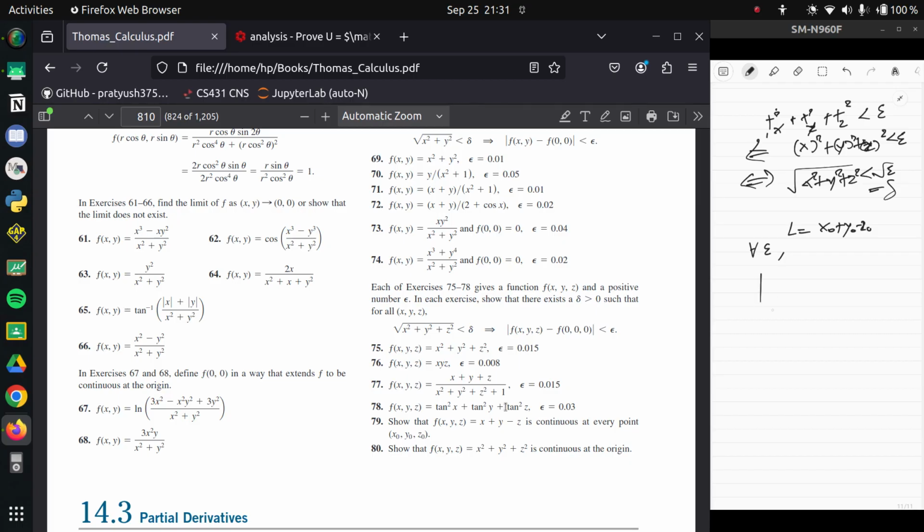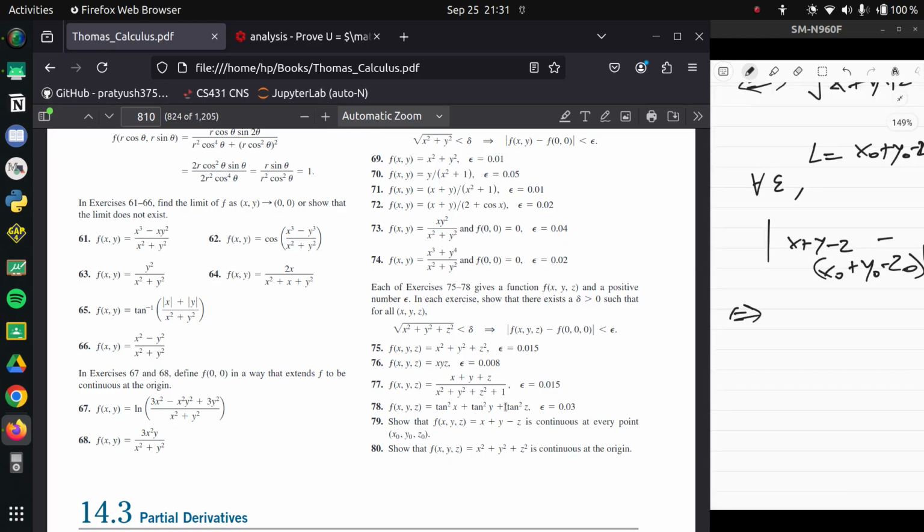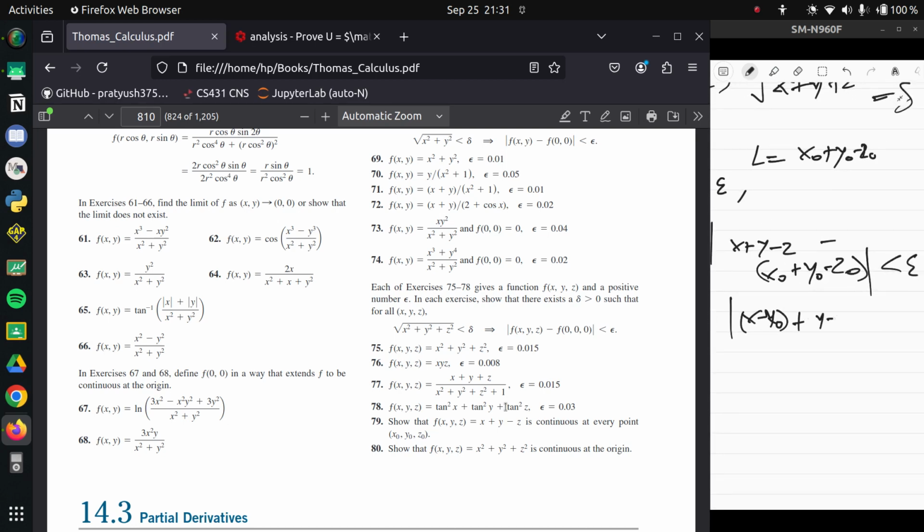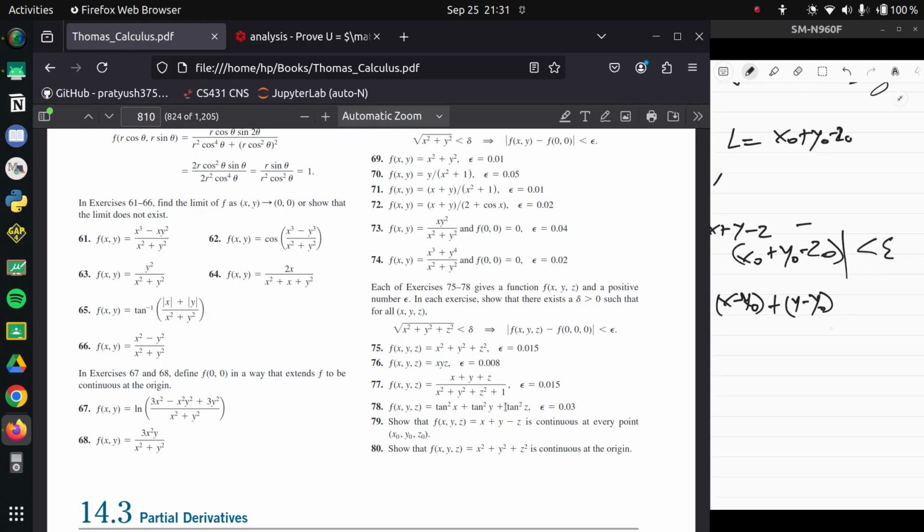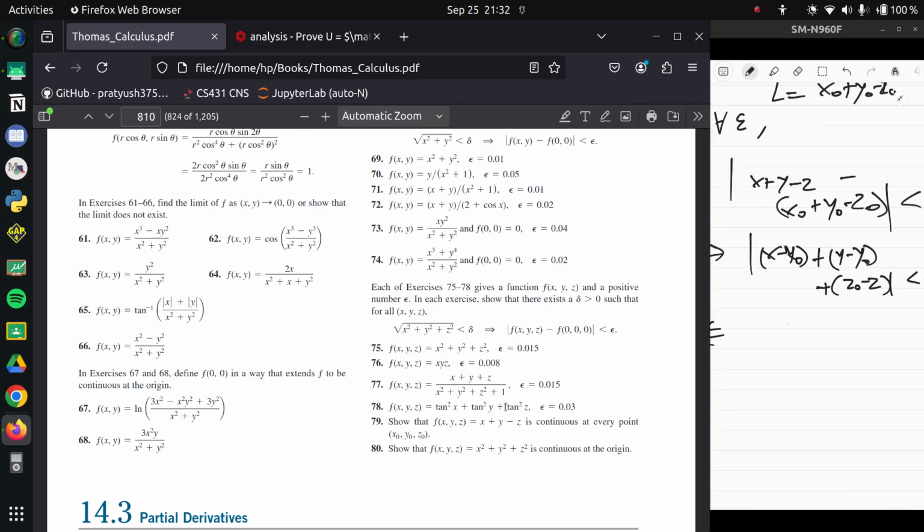Yeah, so we wanted absolute value of x minus x naught. So basically just this quantity, x plus y minus z, this value minus this value. This should be less than epsilon, which is to say, but then this reverse implied happens if this happens.